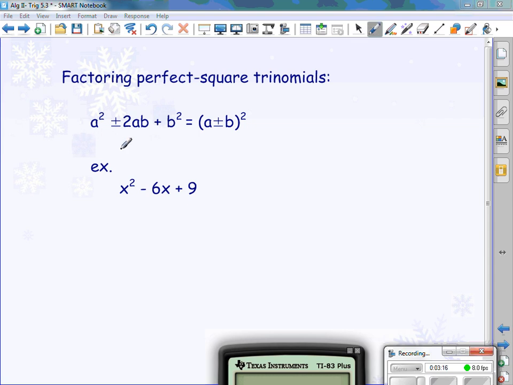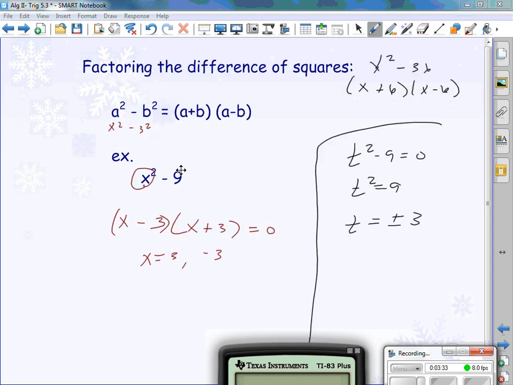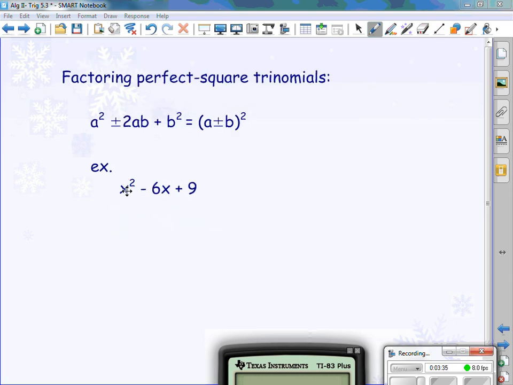The problem people have is all these variables. First thing I do for any problem, I want to look and see, can I pull anything out of all the numbers? No. Next thing I want to see, is it special? Well, the first special type was this. I can take the square root of this, I can take the square root of this, but there's something now in the middle. That first shortcut does not work.